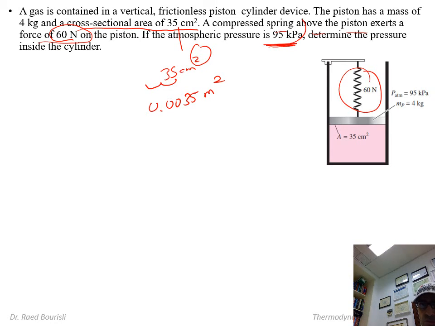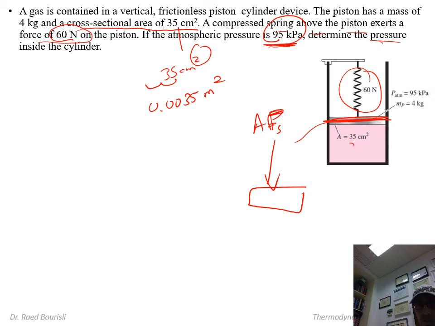So they gave me the atmospheric pressure, so I want the absolute pressure inside the tank. If you do a summation of forces on this cylinder, you'll have F spring, times the area once, and mg. Let's forget the area and do summation of forces.